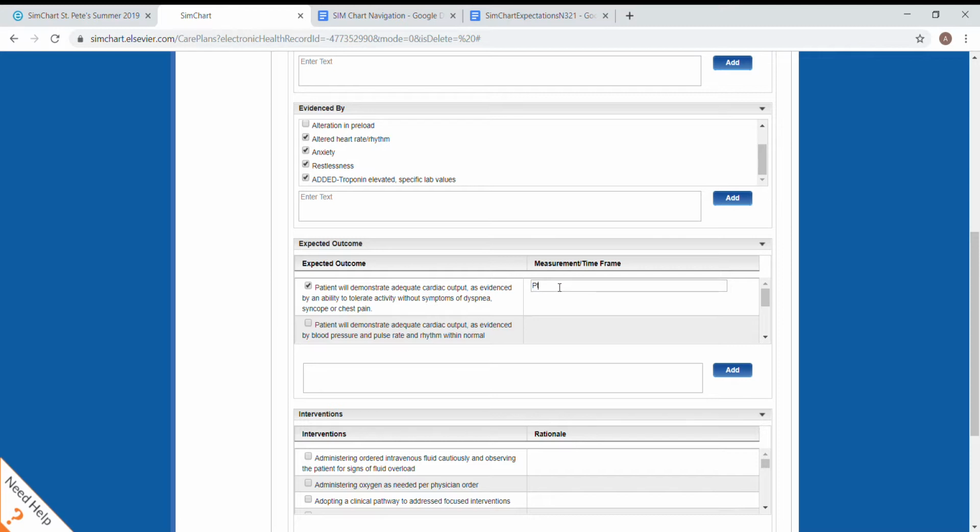So patient will ambulate 5 feet, and making this specific is going to be: patient will ambulate 5 feet while maintaining an O2 sat above 93% on 2 liters.